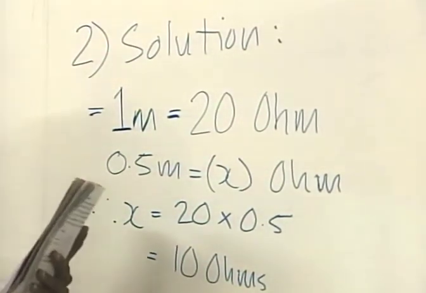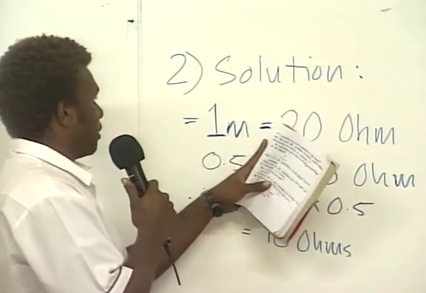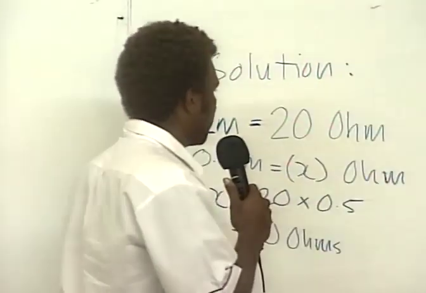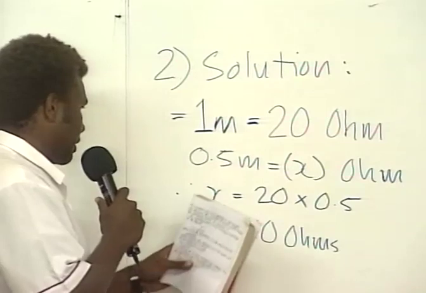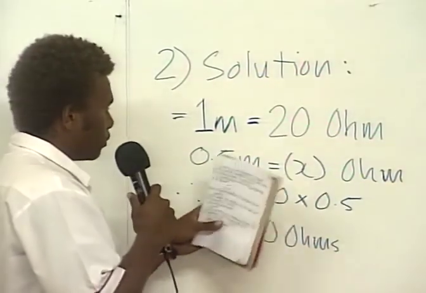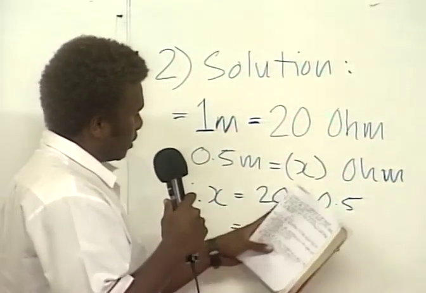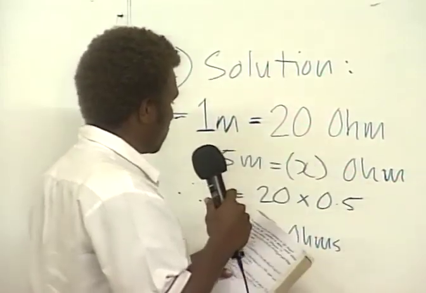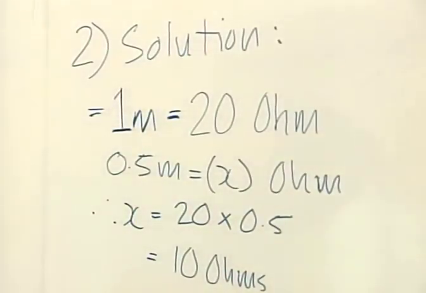As we all know, the resistance is proportional to the length, and I use the cross rule to find the resistance of the wire, which is 10 ohms. All right, that answer is correct.